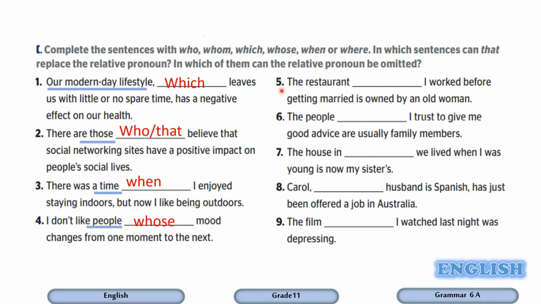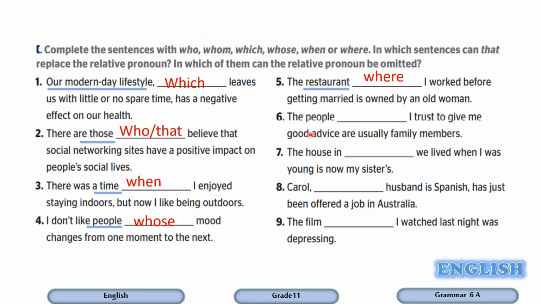Number 5, the restaurant where I worked before getting married is owned by an old woman. The restaurant is a place, and we usually use where to refer to a place. Number 6, the people I trust.